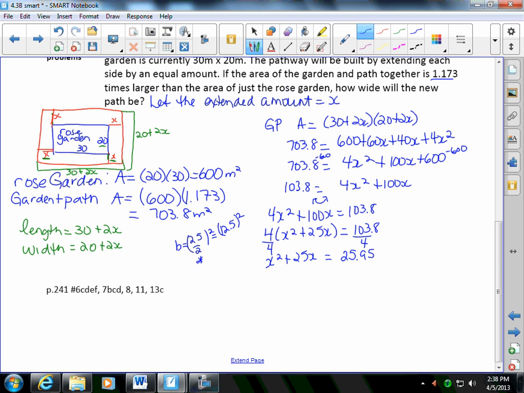So 12.5 squared is 156.25. So I have x squared plus 25x plus 156.25 equals 25.95 plus 156.25. So I have a perfect trinomial square, so this is x plus 12.5 all squared. And this equals 182.2.